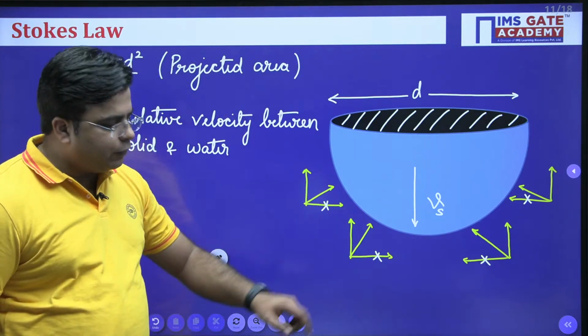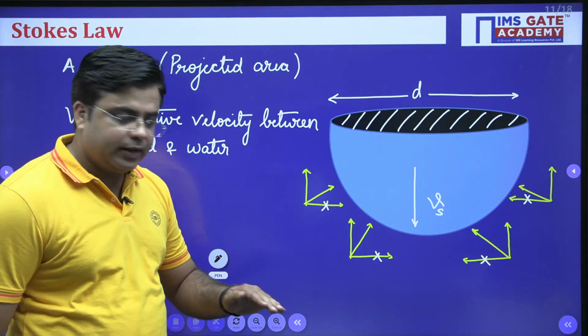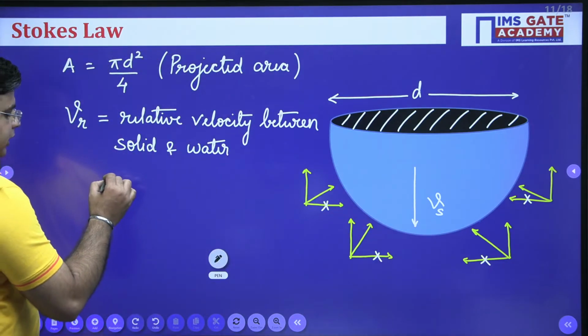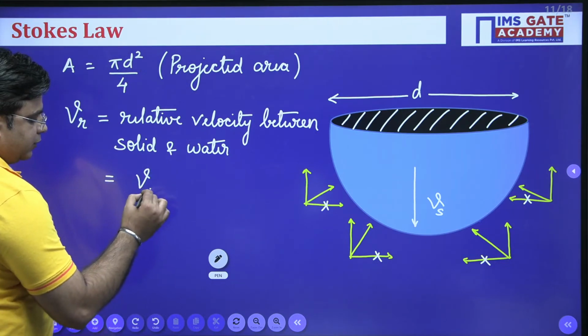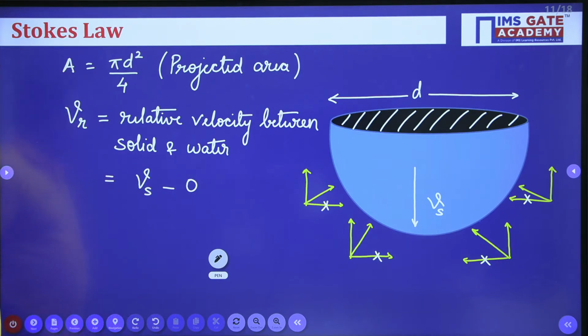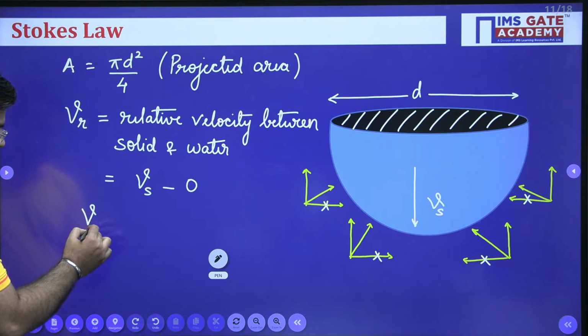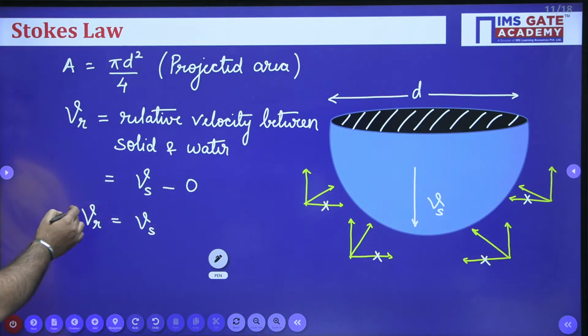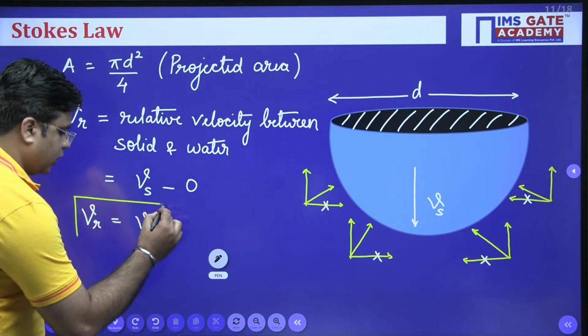And the velocity of water is zero, it is stagnant in the vertical direction. So the relative velocity between solid and water is equal to Vs, the velocity of solid, minus 0, the velocity of water. So this Vr comes out to be Vs.